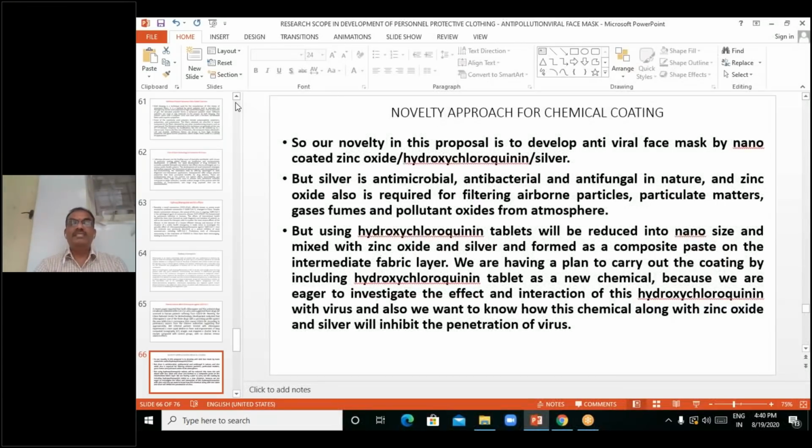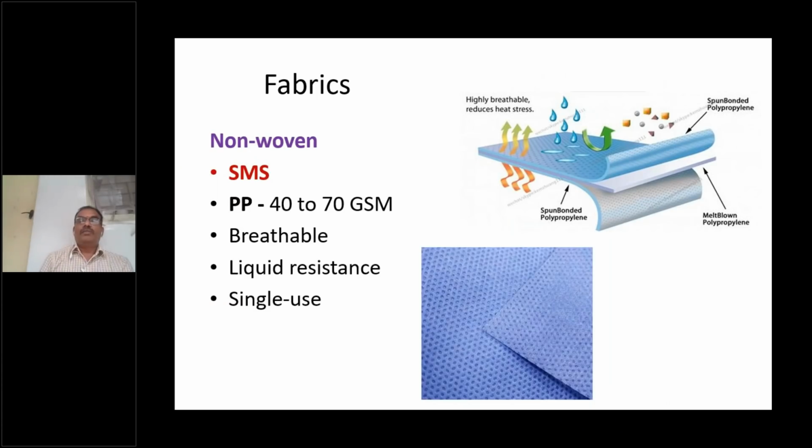That's why the SMS material will give excellent particle filtration compared to the basic Spunbond. You can see from the picture, this contains 3 layers. The middle layer is the melt blown, which can prevent liquid penetration. So unlike the regular Spunbond, SMS material has more liquid resistance because of the mid layer.